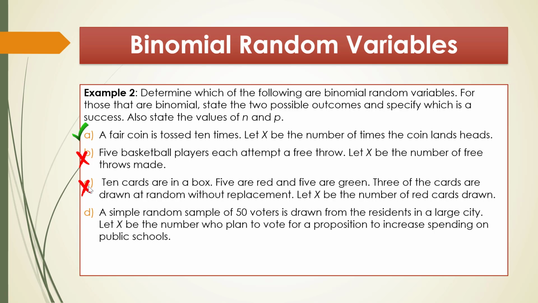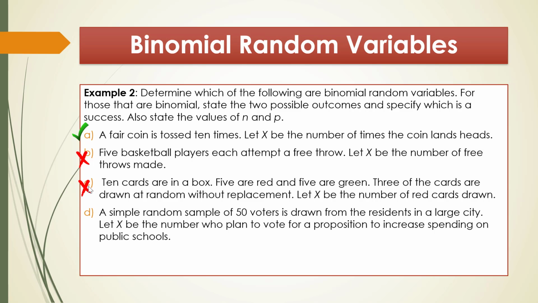Therefore, C is not an example of binomial random variables. Now look at D. A simple random sample of 50 voters is drawn from the residents in a large city, and let X be the number who plan to vote for a proposition to increase spending on public schools. So here 50 voters is the number of trials.